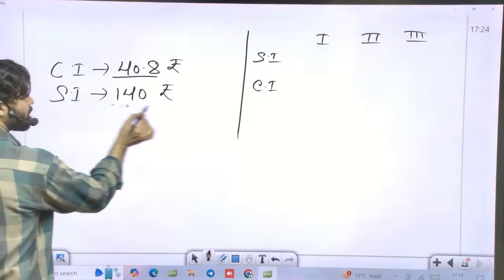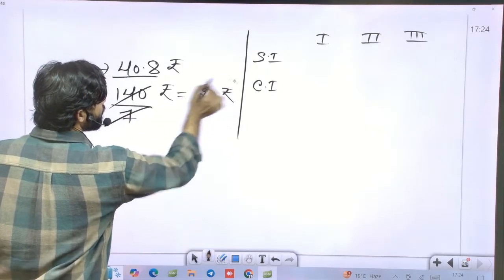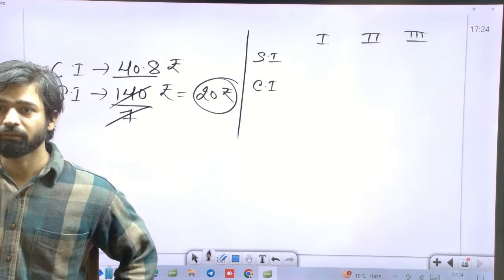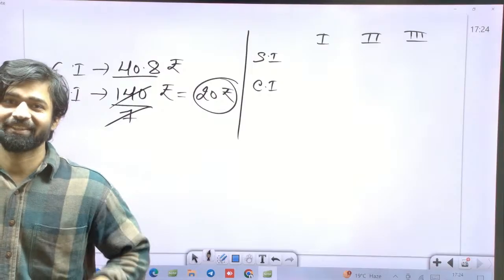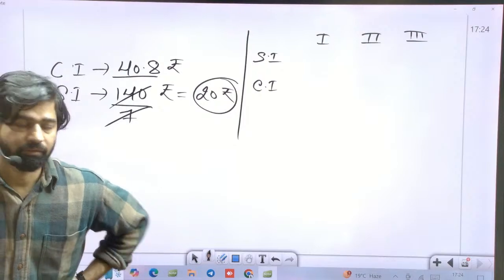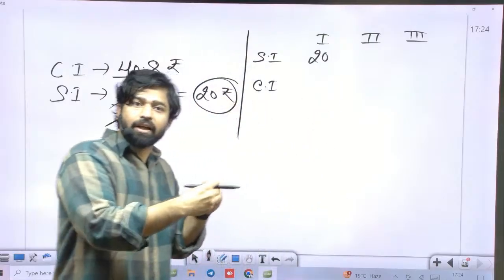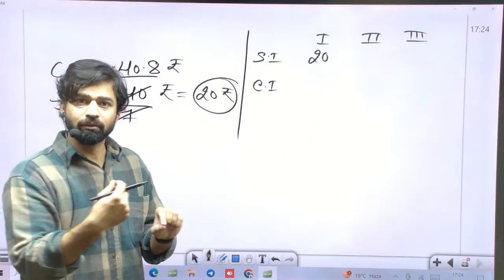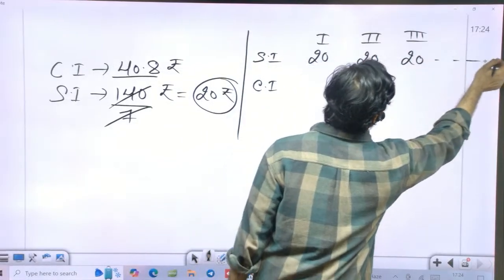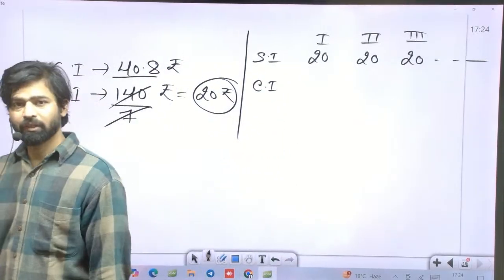Now this 20 rupees is the SI for 1 year only. So we will get the same SI in the second year, 20 again, then for the third year it will be 20, and so on till the 7th year. Any problem in this?